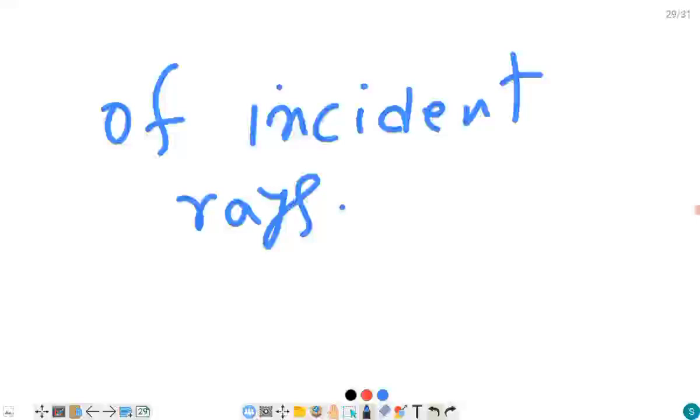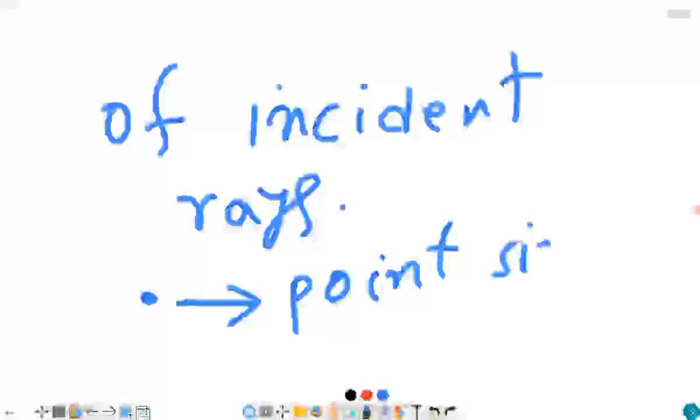That is the object. We generally take a small size object, with a single dimension or point size. If we take the object as point size, then that object is called a point sized object.